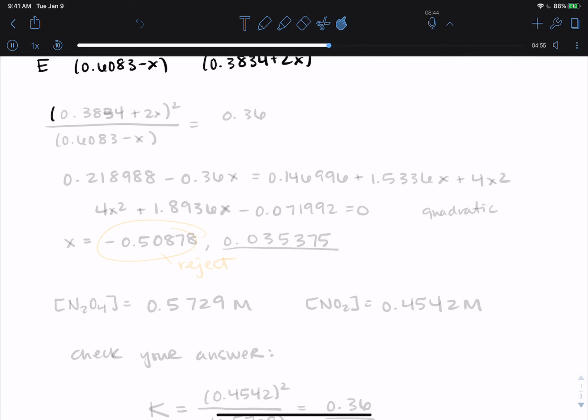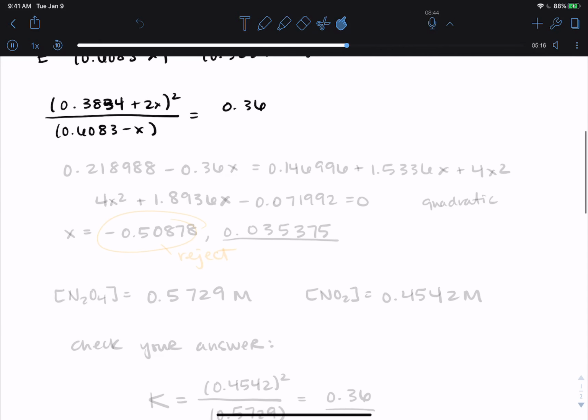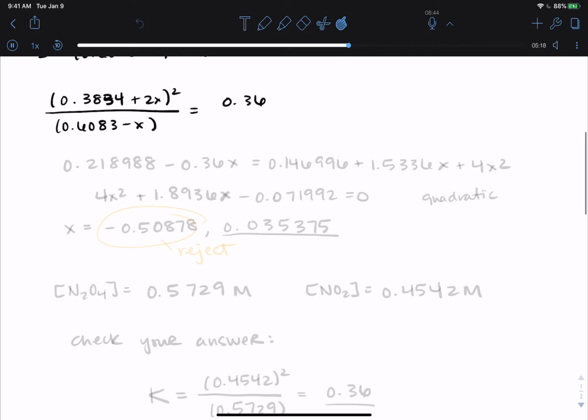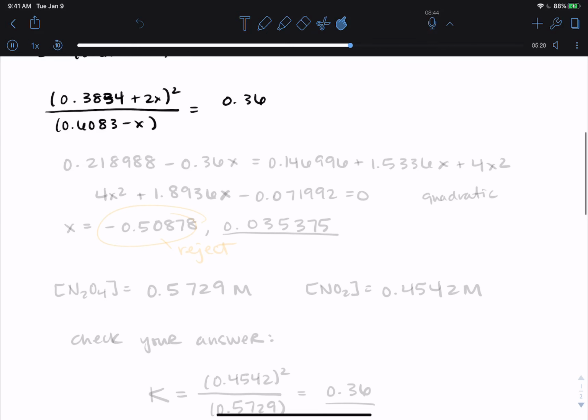So if I were to set this up, I would have 0.3834 plus 2x, that whole quantity squared, divided by 0.6083 minus x equals 0.36. This is an algebraic problem that I have the skills to solve.